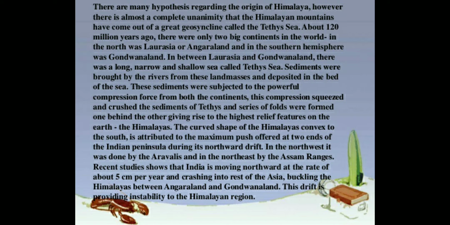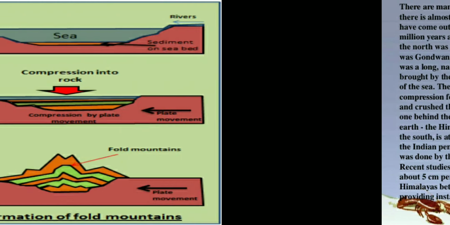Clear? Buckling the Himalayas between Angara land and Gondwana land. This drift is providing instability to the Himalayan region, and as a result, the Himalayan region is experiencing a kind of instability. I hope the point is clear. Let us move on to the next factor.